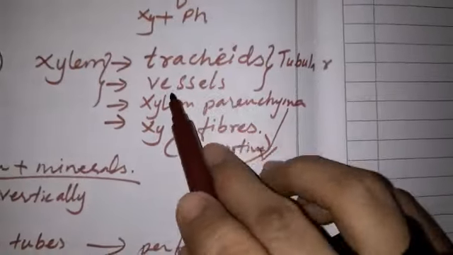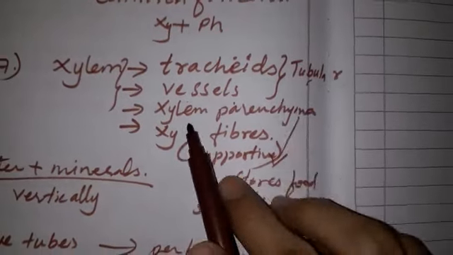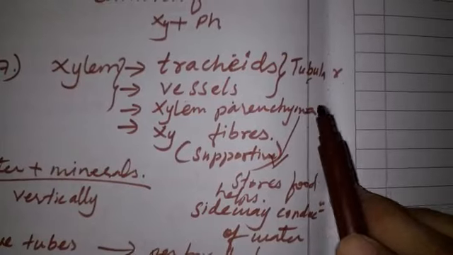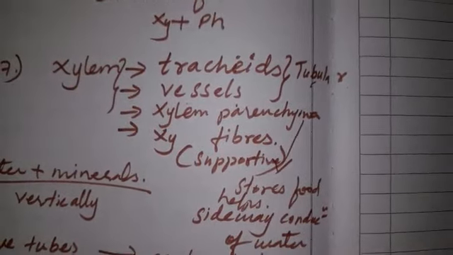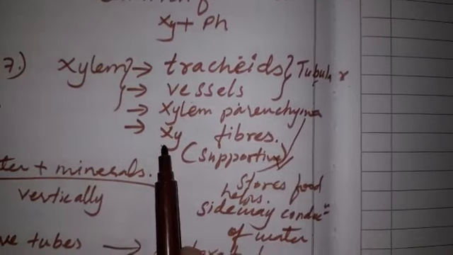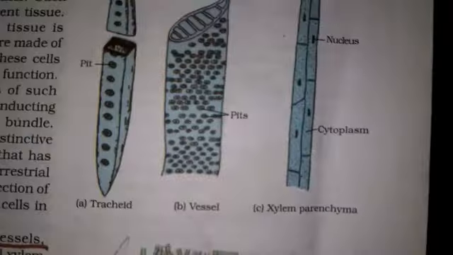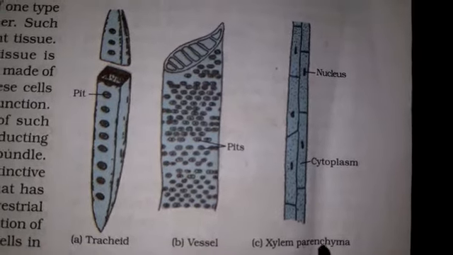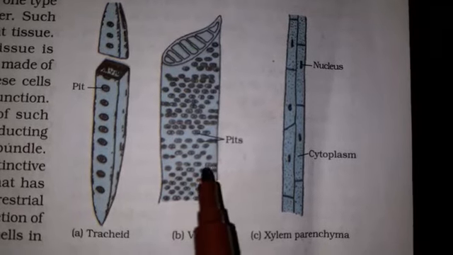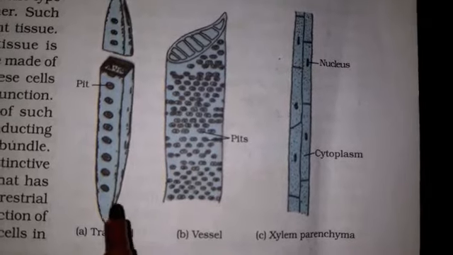Tracheids and vessels are tubular in structure. Xylem parenchyma stores food and helps the sideways conduction of water in the xylem, and xylem fiber is supportive tissue. Just have a look at how the xylem parenchyma and vessels are. They have so many pores, so the conduction of water will be easy.